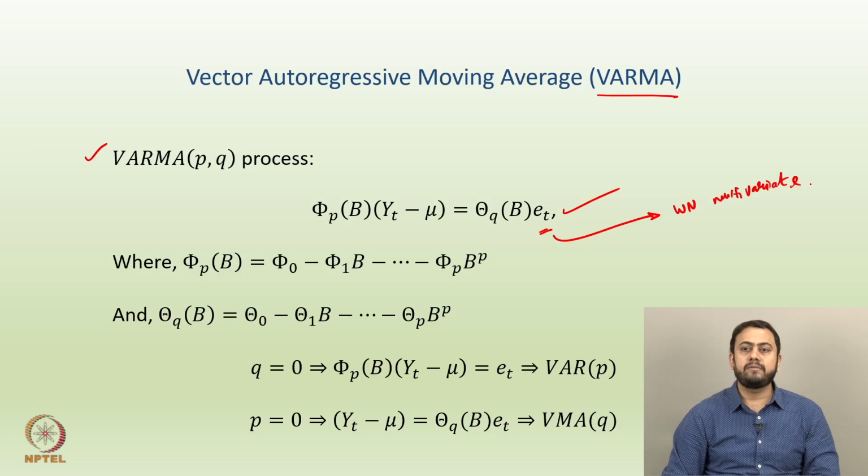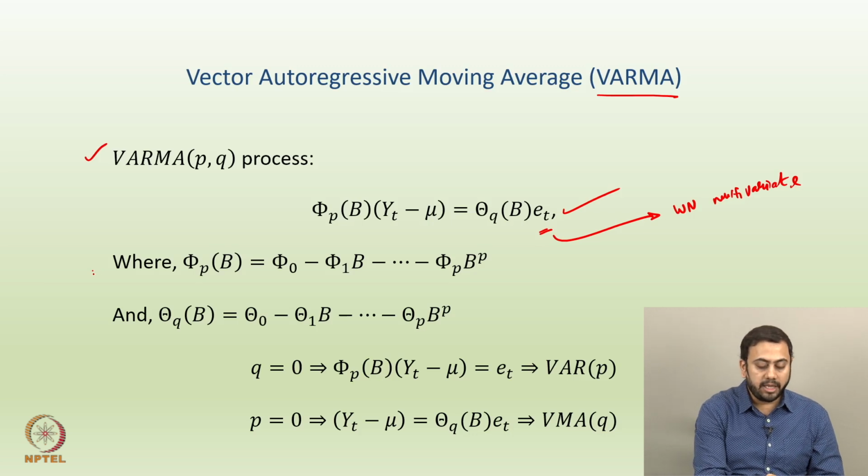In the last session, we discussed what we mean by a multivariate white noise structure. All these random errors are no longer univariate, but take a multivariate structure. But all the other things in this slide are similar to when we discussed the ARMA process in the univariate case.